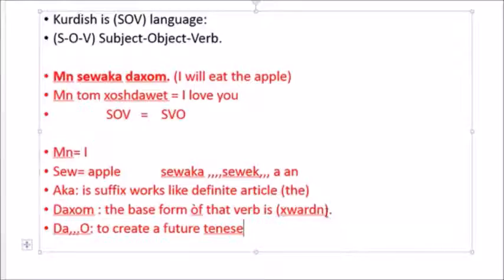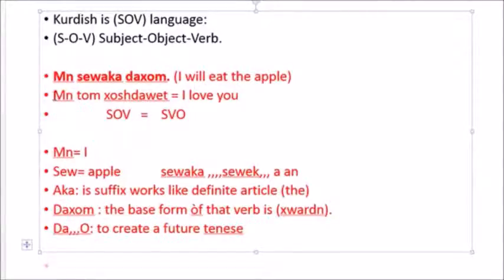But I will talk about the conjugations later. Just know the basic form of this verb. I think this verb is irregular, so the basic form is khwardin. But we created a future tense by adding da, and I put this circle, which means it can change according to the person that you talk to. So basically, this is our lesson for today.